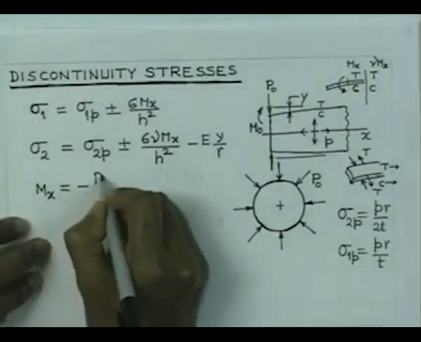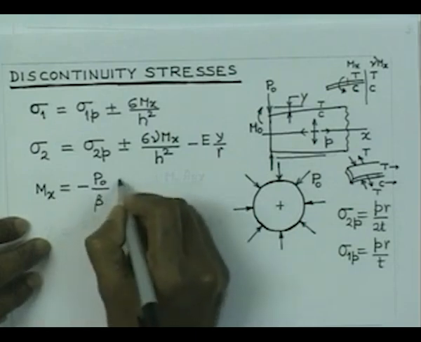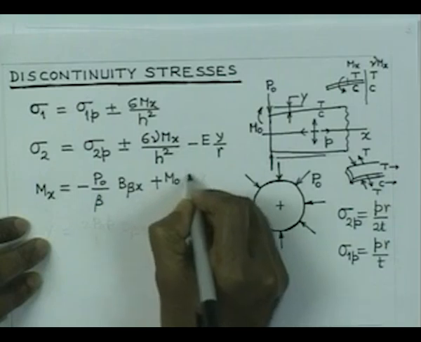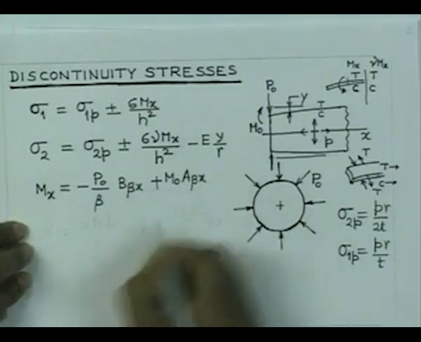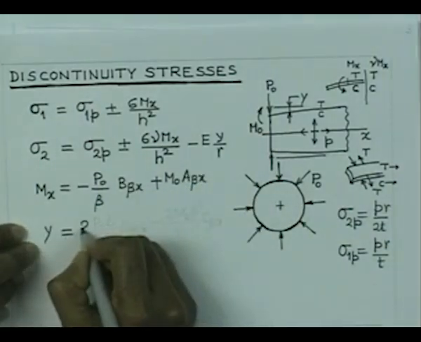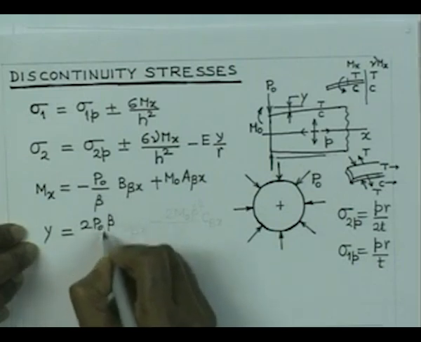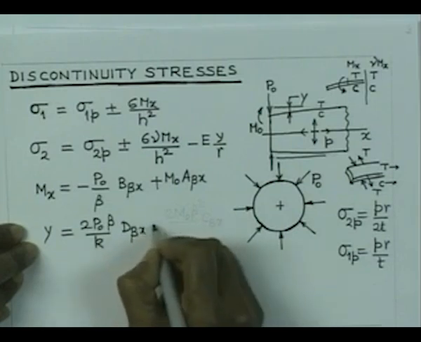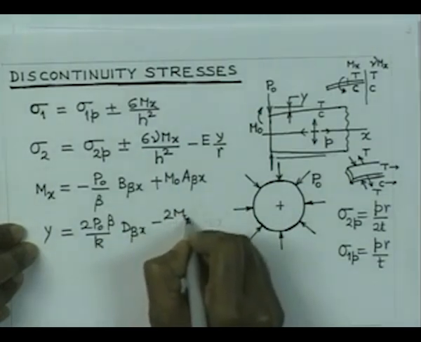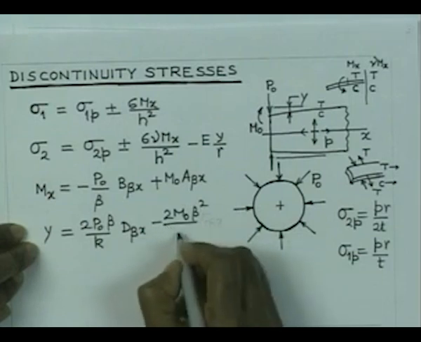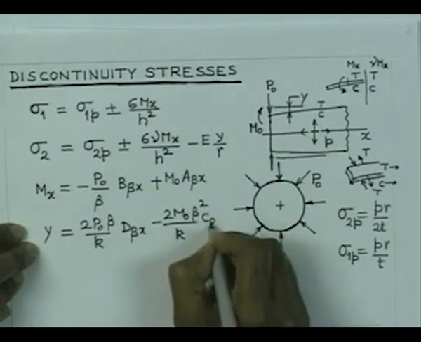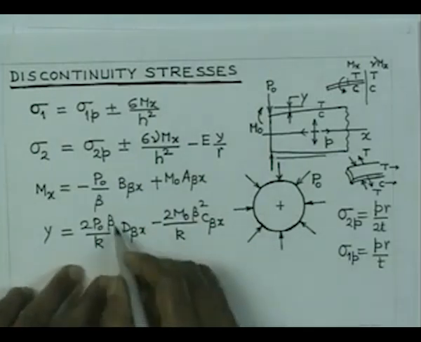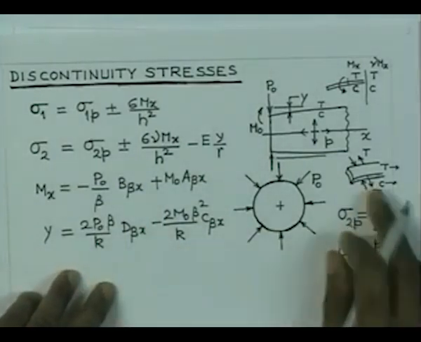Mx is nothing but P0 by beta b beta x plus m0 a beta x, and y is equal to twice P0 beta by k d beta x minus twice m0 beta square by k c beta x, and already we have got the value of beta and k in terms of the dimension of the vessel.